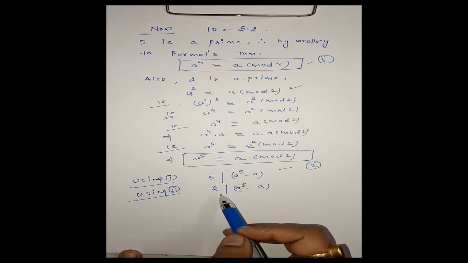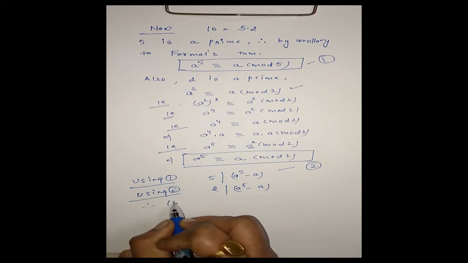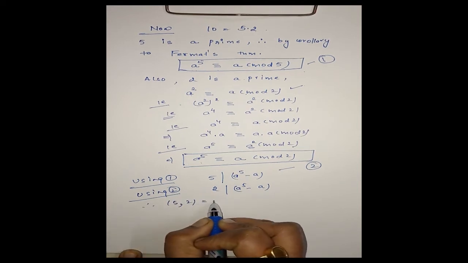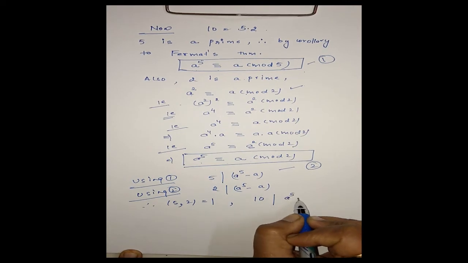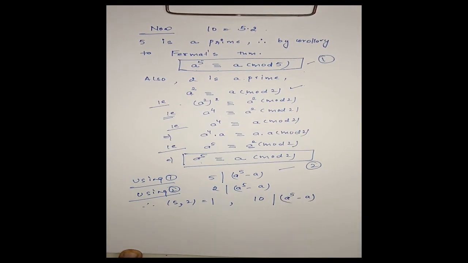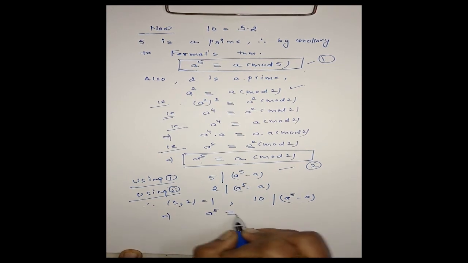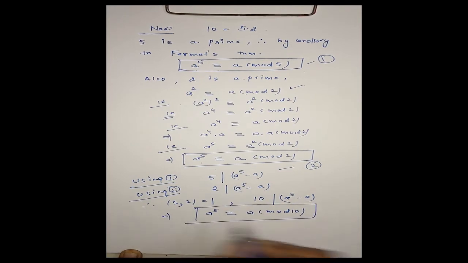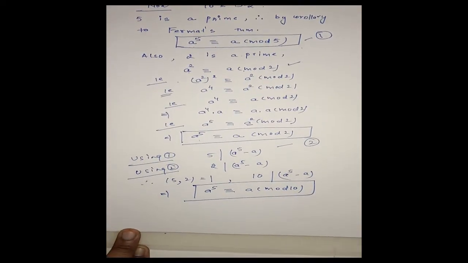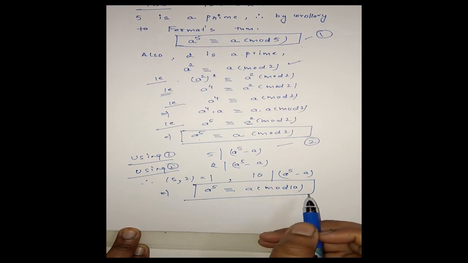And since 5 and 2 are relatively prime, their GCD is 1, therefore I can write 10 divides a power 5 minus a. And this will give us, by definition of congruences, a power 5 is congruent to a modulo 10.